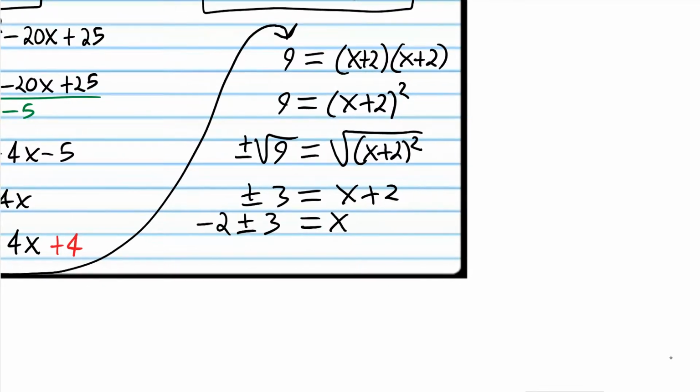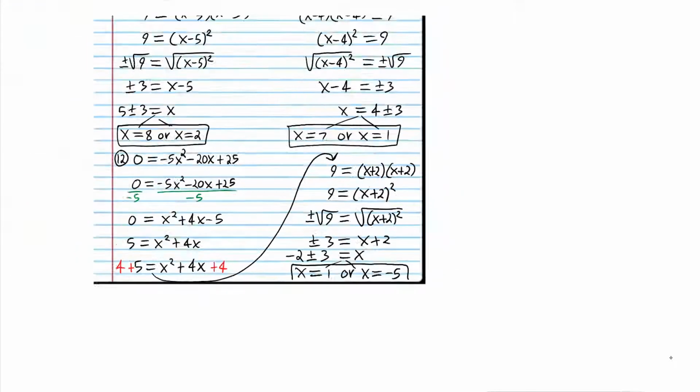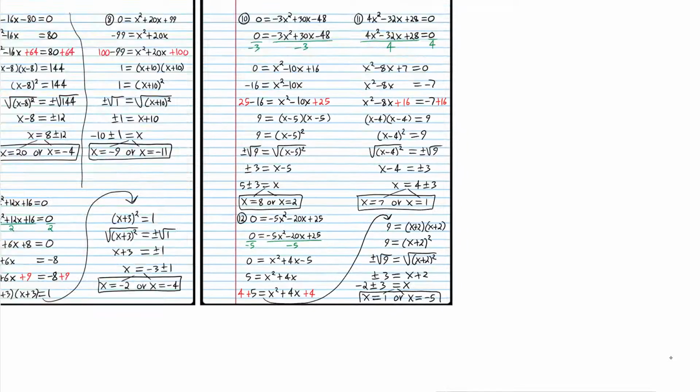All right, and so now x can be -2 plus 3, which is 1, or x can be -2 minus 3, which is -5. If you got those solutions, good job. That's very good. So that was the class today.